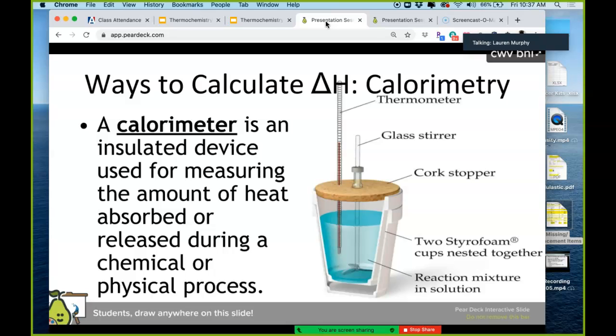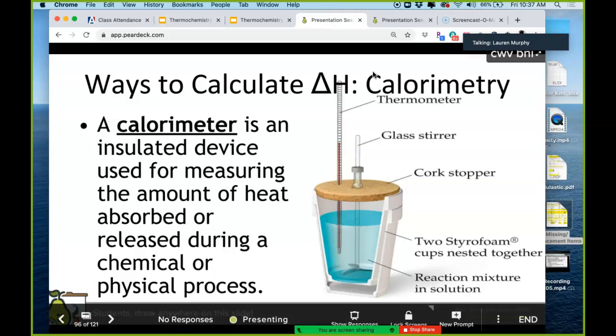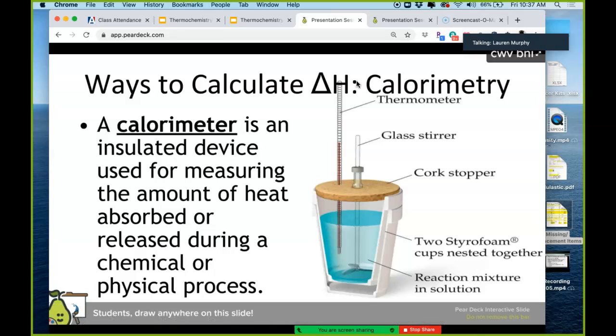So in our class, when we do labs in person, we often use styrofoam coffee cups because they're super good at not absorbing or releasing heat. So we can get a really accurate measurement of temperature changes that might happen. These are just fancy words for doing reactions or processes that involve heat exchange, either absorbing heat or releasing heat.